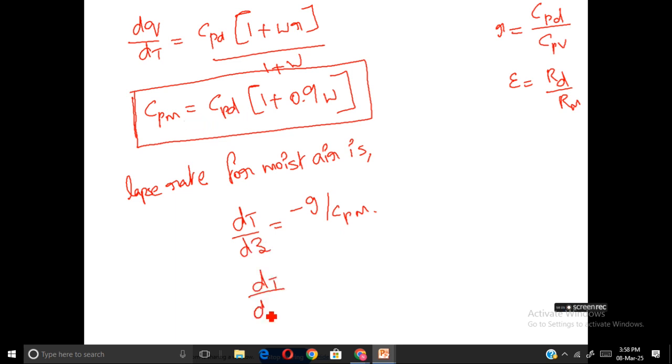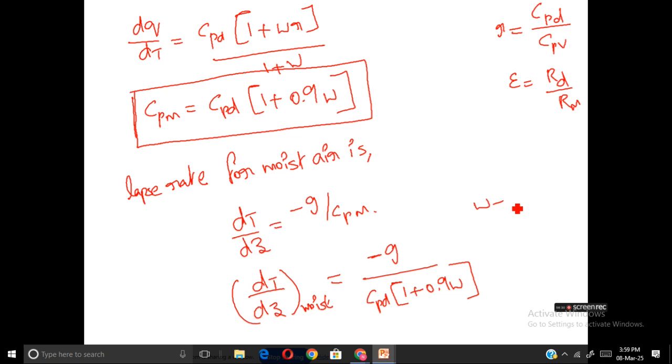So dT by dz in case of a moist parcel, which has some amount of water vapor in it but is still unsaturated, becomes minus G by Cpd, which is the specific heat for dry air, into (1 plus 0.9 into W), where W is the mixing ratio. So that is the final equation.